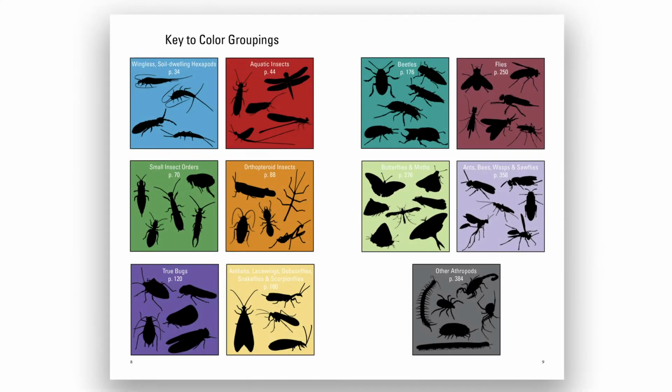We took some elements from my Dragonflies and Damselflies of Texas books, including the color coding. I like that as a user of these types of guides. So we came up with 11 different color codes, basically, or groupings that are color coded for this particular book.